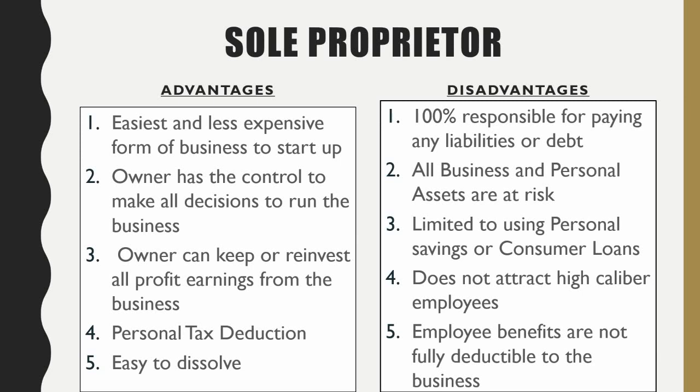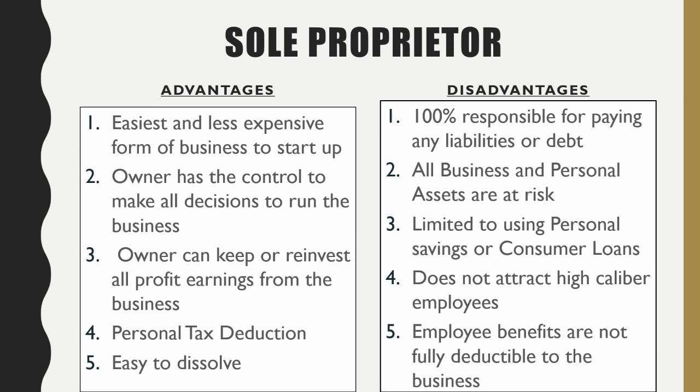Okay? Now we're going to talk about the disadvantages of being a sole proprietor. So, because you own every single asset in the company, that means you are 100% liable for anything that happens to your company.